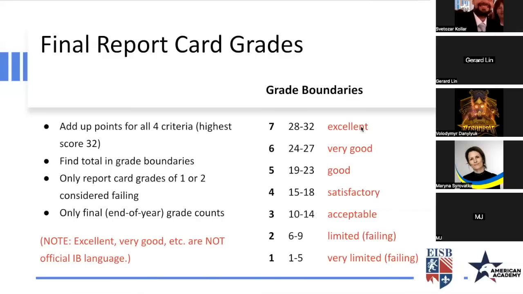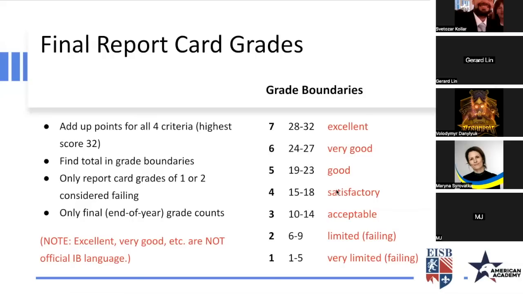And we don't use terminology like excellent, very good, good, satisfactory, acceptable in IB, but it is for your information, just to give an idea of what the grades are. So 4 is still a very good grade. It doesn't mean that it's half of 8, that it's not acceptable.